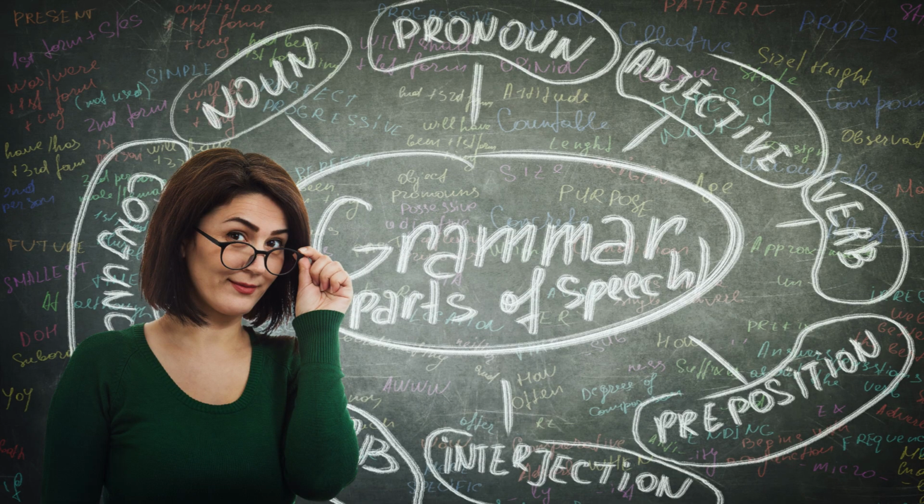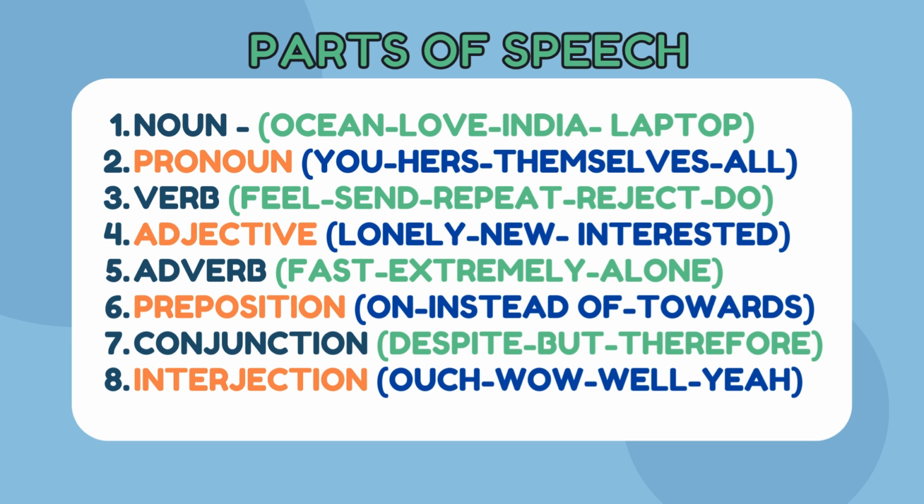First, just an overview of what is part of speech. So, noun: ocean, love, India, laptop. These are all nouns. And second one, pronouns: you, hers, themselves, all, everyone. These are pronouns. And verb: feel, send, repeat, reject, do.